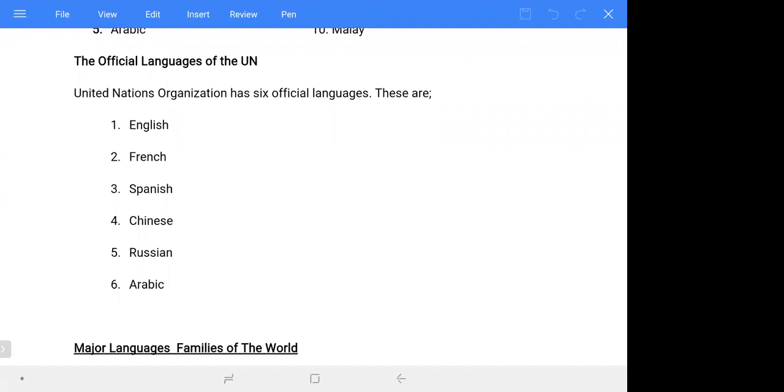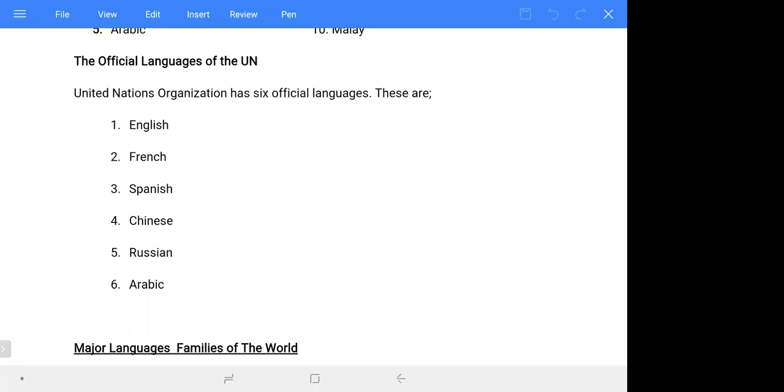So if someone speaks in French, for example, Emmanuel Macron of France, then they have to translate it to English, Spanish, Chinese, Russian, and Arabic.